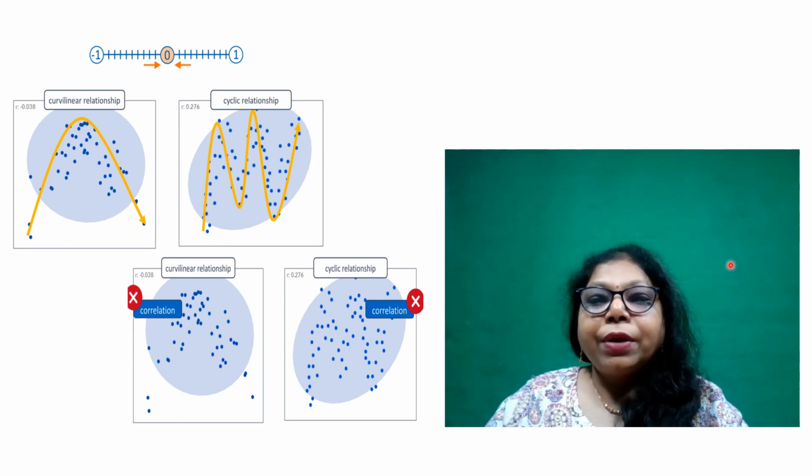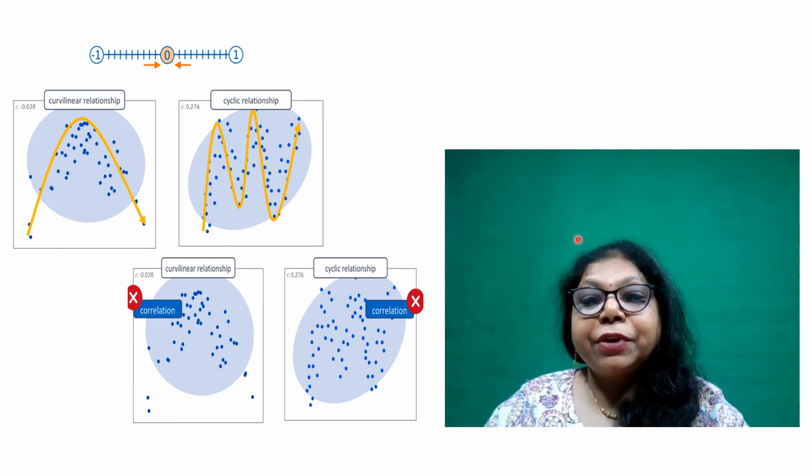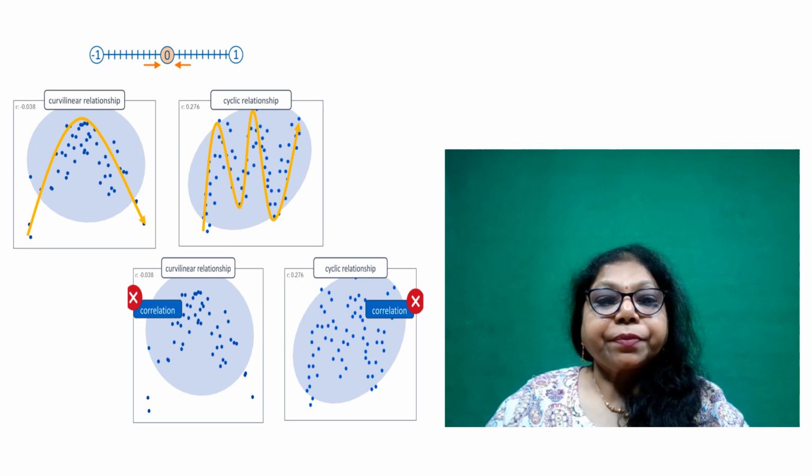So this is not the correct correlation. If such types of diagrams are there, then we can simply say that the correlation coefficient indicates there is not a strong positive relationship. But once the outliers are removed, the correlation coefficient may be nearly zero. If we remove these outliers, then we can draw some sort of relationship.